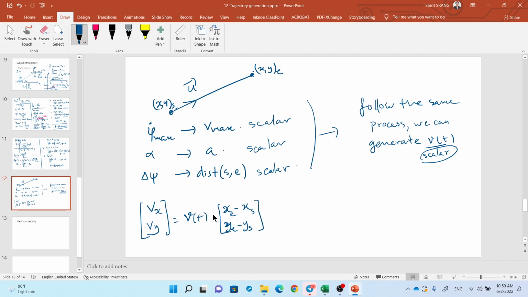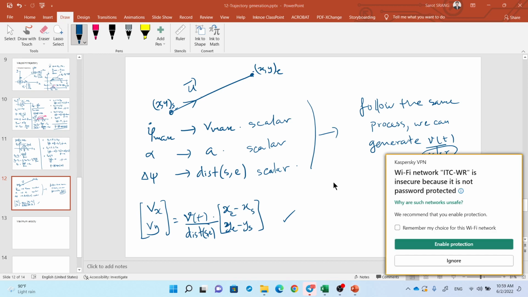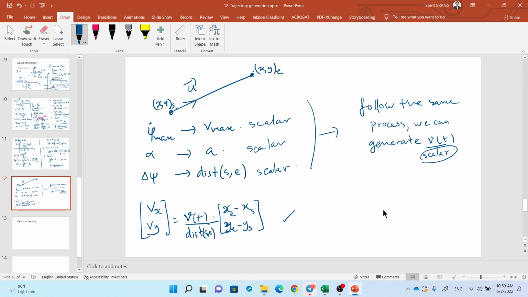This is a vector, and you divide it by the distance between start and end, then you get this unit vector. Right, is there any question? Do you think you can make a simulation by yourself after you see this process of the algorithm?